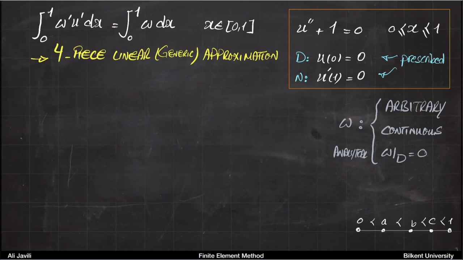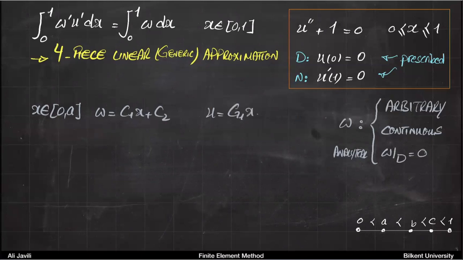All right, the process is exactly identical to what you did before. It's just slightly longer because now you have to impose these continuities and they look slightly longer than the previous version, but it's basically the same thing. So you would say if X is between 0 and A, then W is, let's say, C1X plus C2. U is, let's call it G1X plus G2.